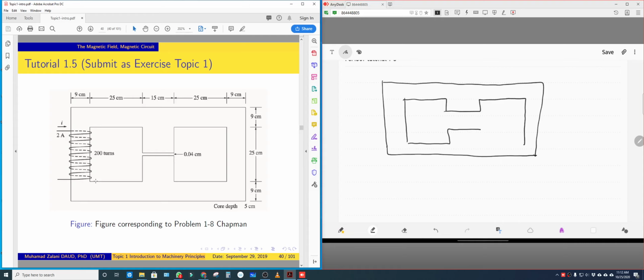Let me write down again the air gap. Just like that. Okay.